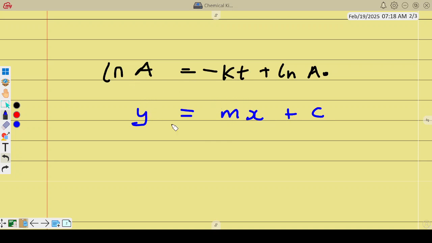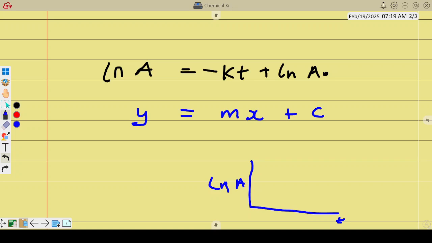So what does this mean? These are now common multiple choice questions. They'll tell you that when you have a graph, this is the y-axis, so this side will have ln A, and on the other side x is t, the time.